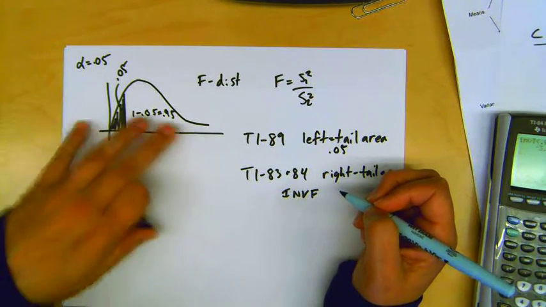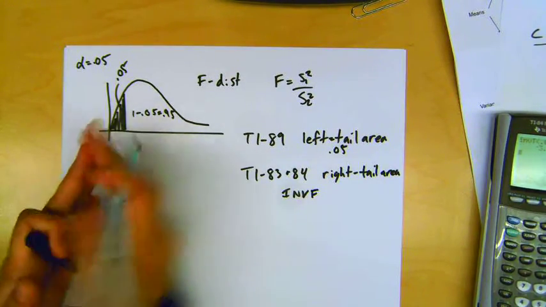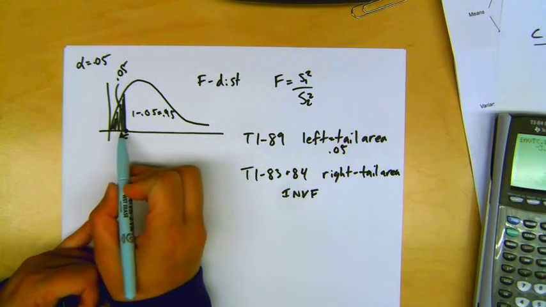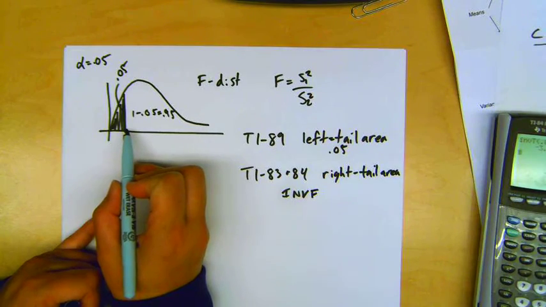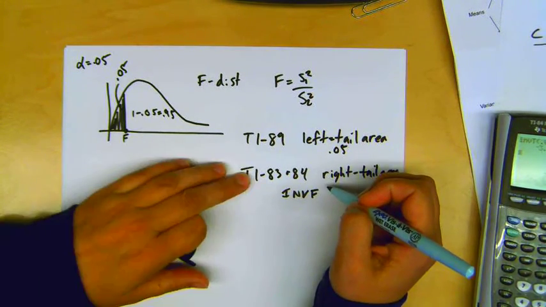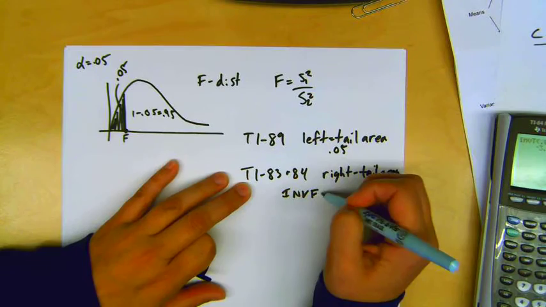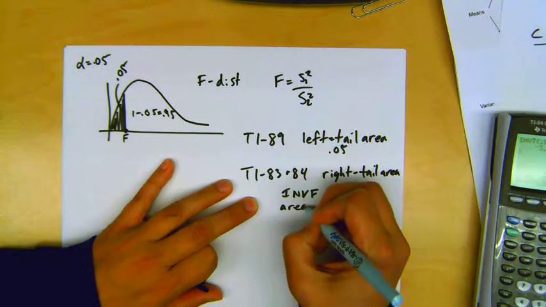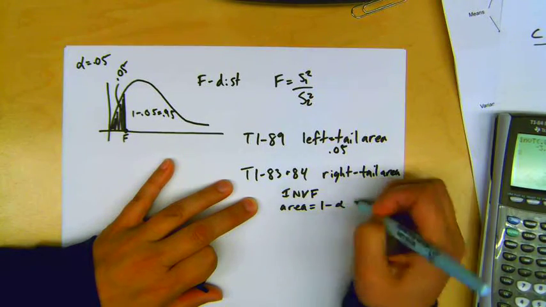So really, on your picture, it makes a big difference. I'm trying to find this F right here that separates that lower tail and upper tail. So on the 83 and 84, if you're doing the inverse F, then the area that you're going to put in for a left tail test would be 1 minus alpha.